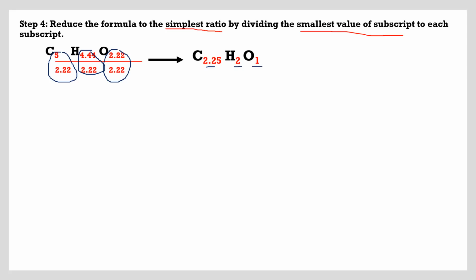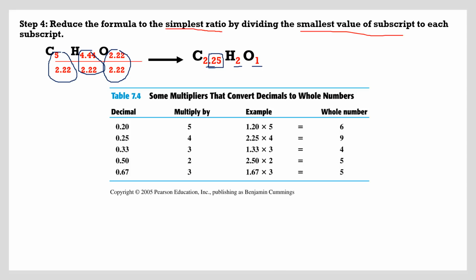Now notice in this example that at this point, the subscripts are still decimal numbers. We need to convert this 0.25 into a whole number. So what are we going to do? We must look for a multiplier that could convert the decimals to whole numbers.